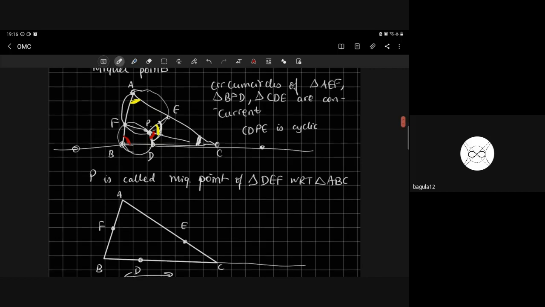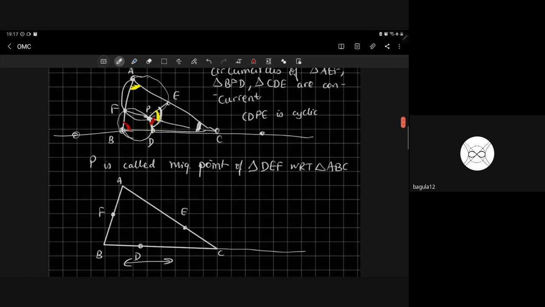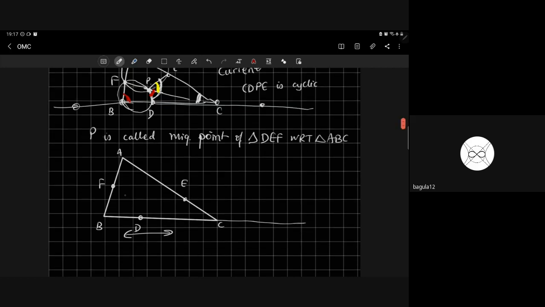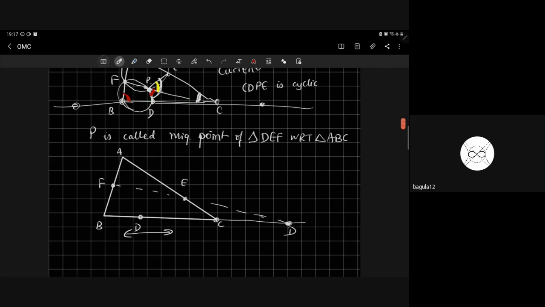And for that you can just use directed angles to generalize this argument, right? So now if I move D to this special location of EF intersection BC, what happens? Again the concurrence must hold, right?